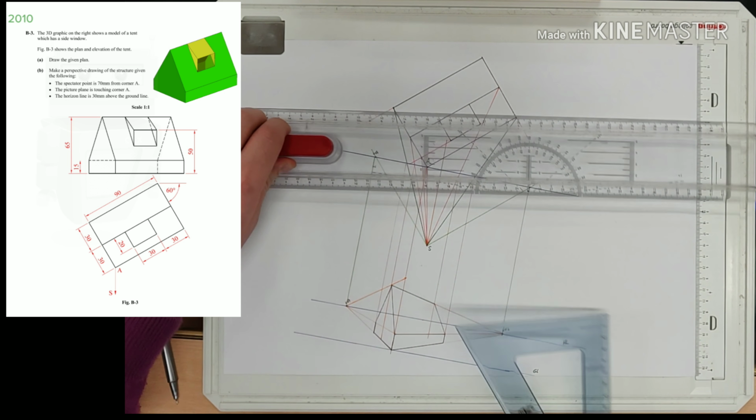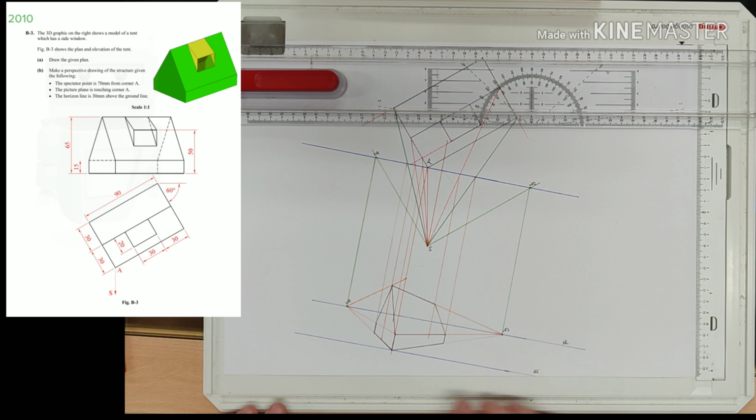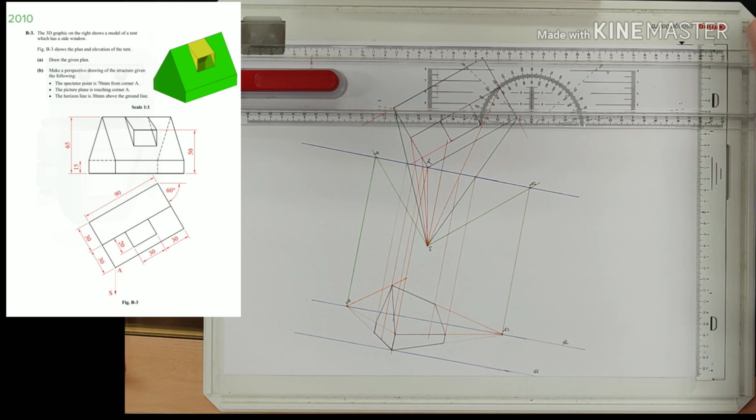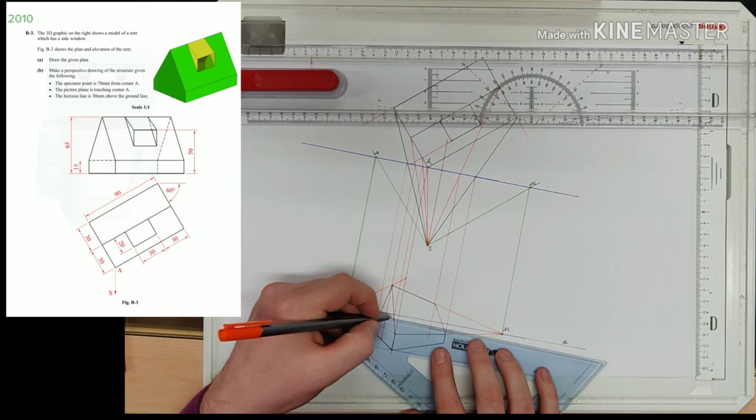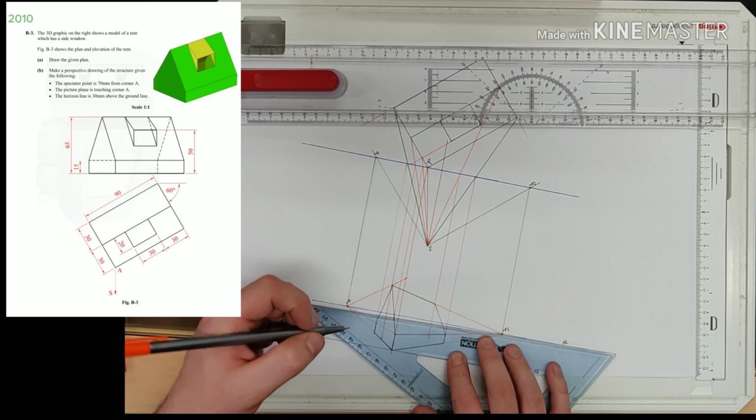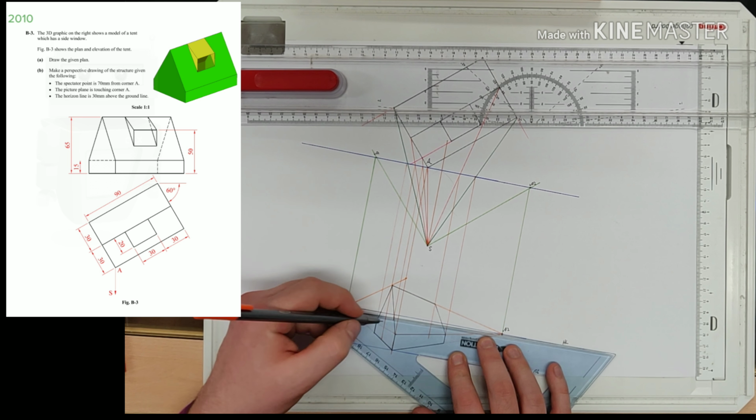Where he hits that slope, that slope then gets vanished back to our VP. Mine is connected around here, and I want to vanish him back to the VP here. Okay, so that line here means that the bottom of our window sits somewhere along this point. Now, we're not sure where, but we can easily find that out by bringing down the 2 points from the window from our plan down into our perspective.